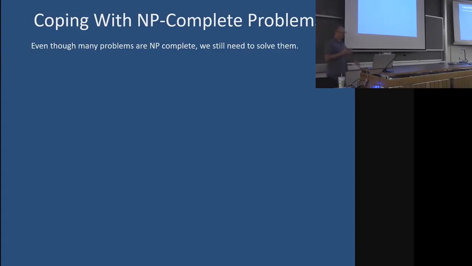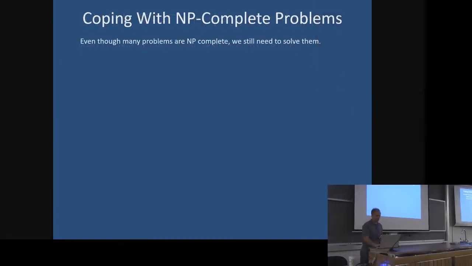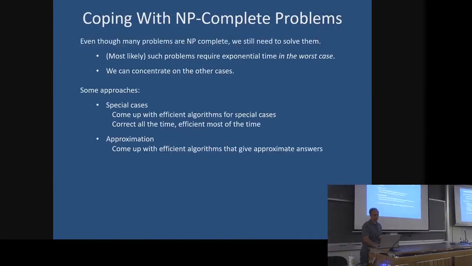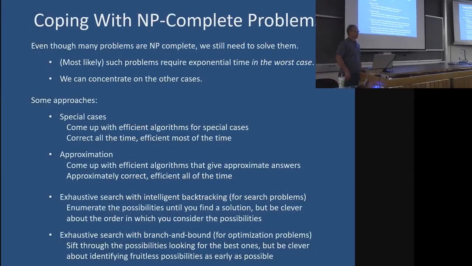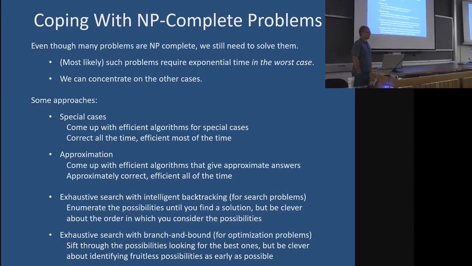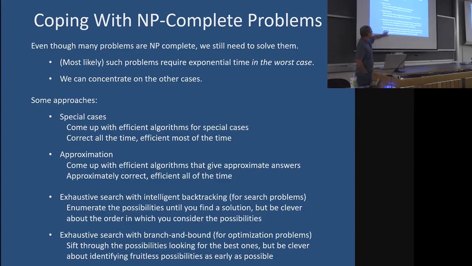Okay, so we've been talking about coping with incompleteness, and that's sort of what you're doing on this week's CAS problem. We've looked at 2 approaches. Exhaustive search using intelligent backtracking, which is a way to solve a search problem, and branch and bound for optimization problems.